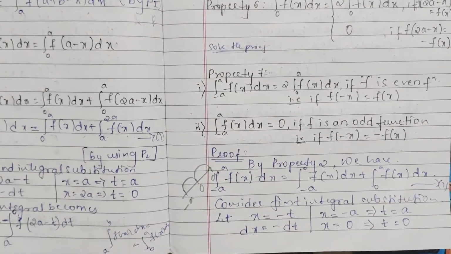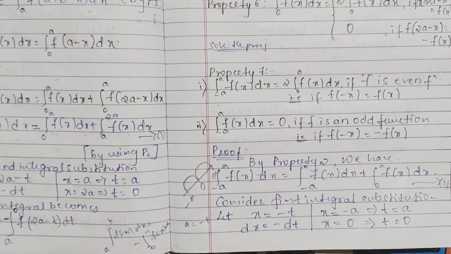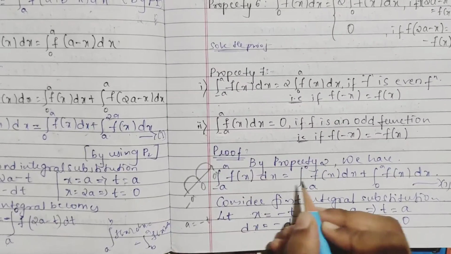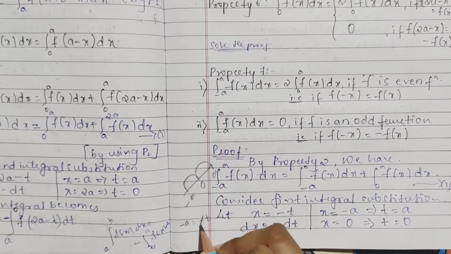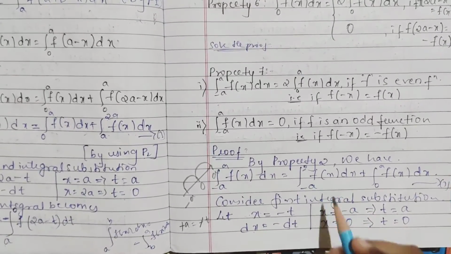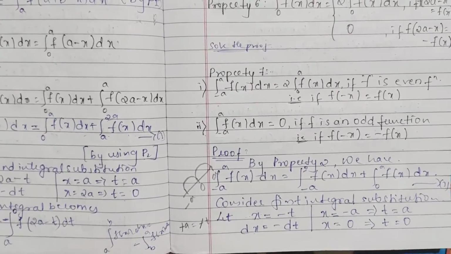So when x is equal to minus a, your t will be, signs get cancelled, t will be a. And next is when x is equal to 0, t will be 0, okay.